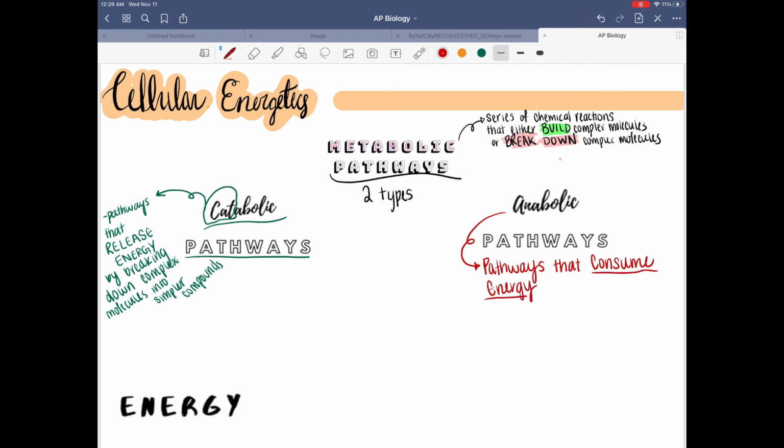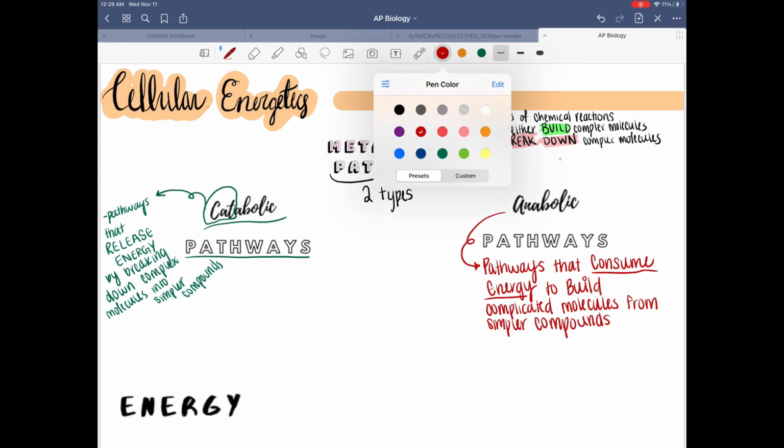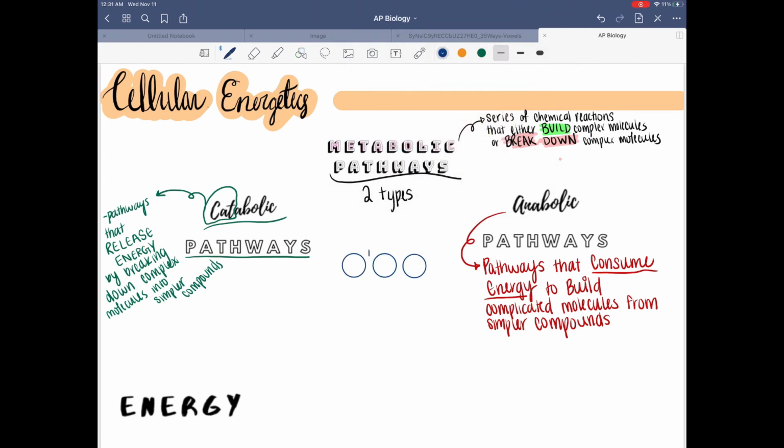Anabolic, these are the pathways that are doing the opposite. They are going to consume energy in order to build those complicated molecules from simpler compounds. All right, so as you see over here, when we take our molecules and we add energy to it, that's our anabolic pathway.